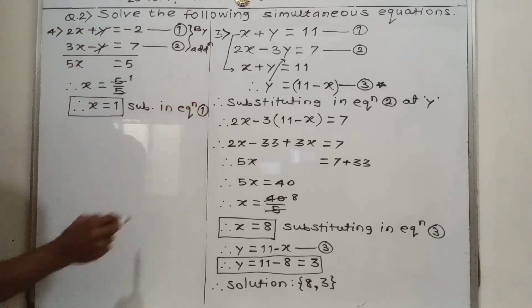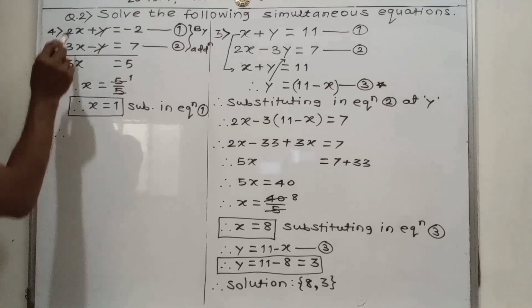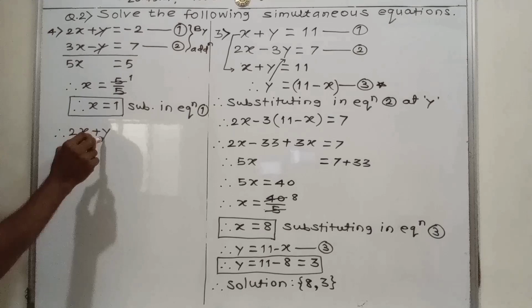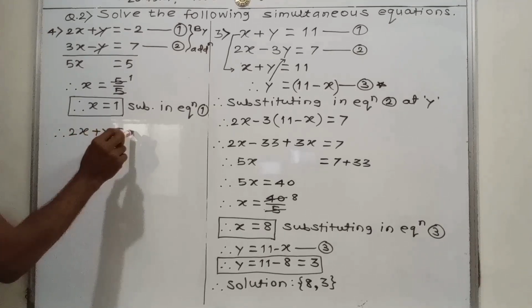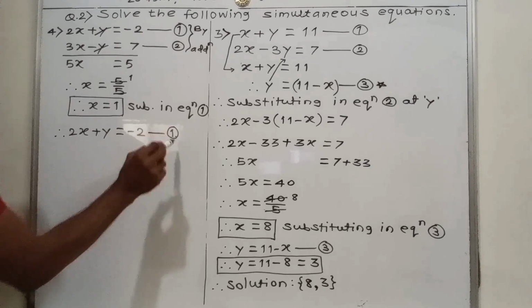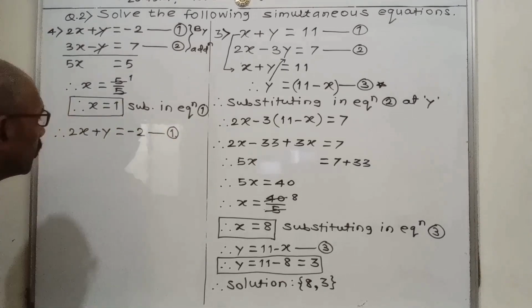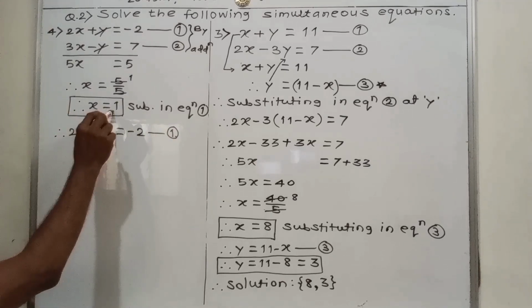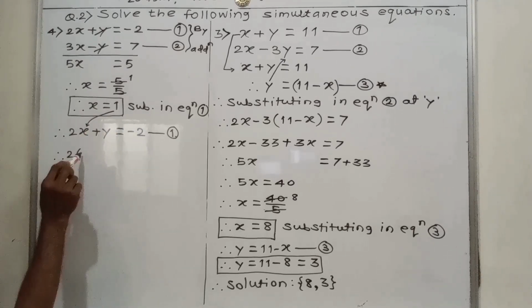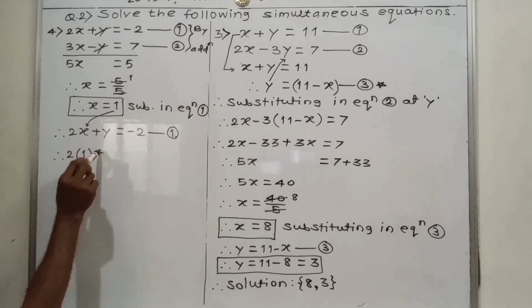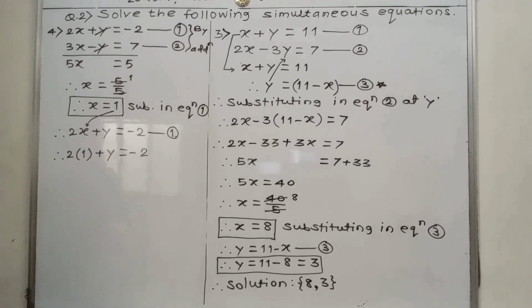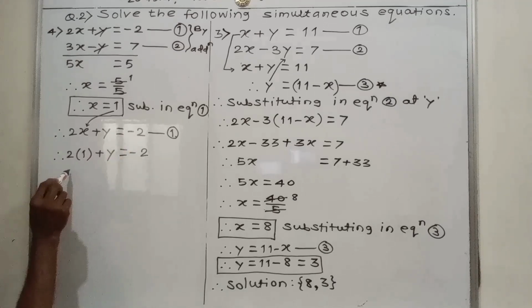What is our equation number 1? 2x plus y is equal to minus 2. Now we put the value of x, 2 into 1 plus y is equal to minus 2.